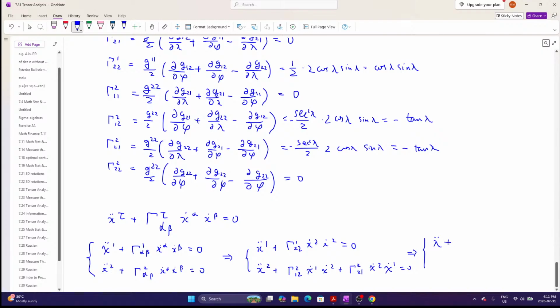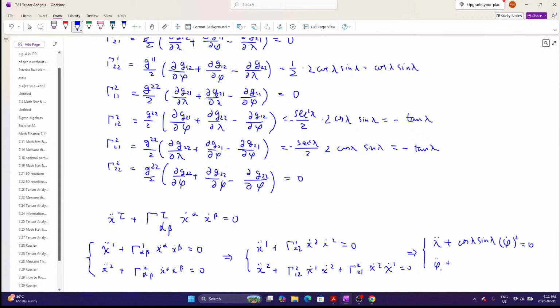We got cosine of lambda, sine of lambda, x2 double dot squared, which is, sorry, it'll be phi dot squared. And the last equation, x double dot 2, would be phi double dot. That's phi double dot here.